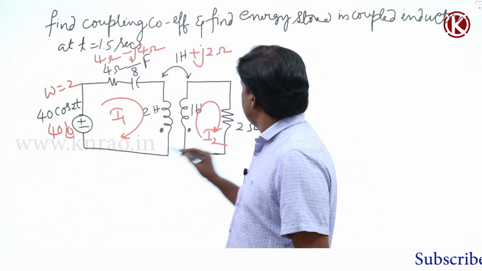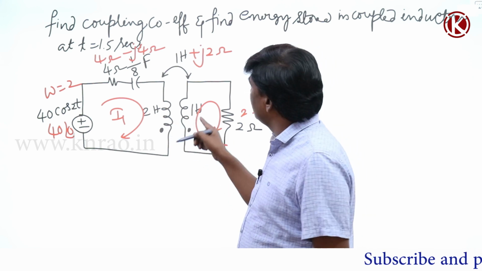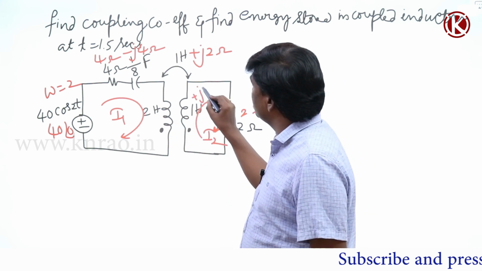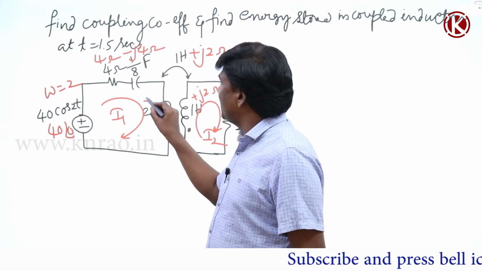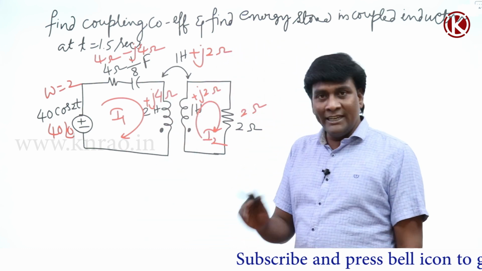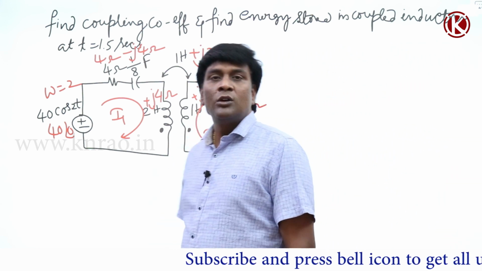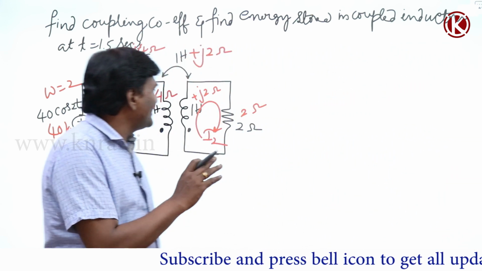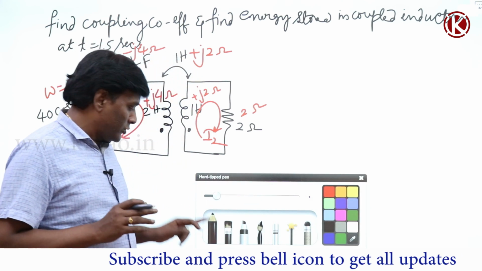Here this is 2 ohms only, and this is 1 Henry, omega L, 1 into 2, plus j2 ohms, and this is 2 Henry, so plus j4 ohms. Plus j omega L, minus j by omega C; XL and XC values we already know. So let us write the equations directly, and now let us think of mutually induced voltages.